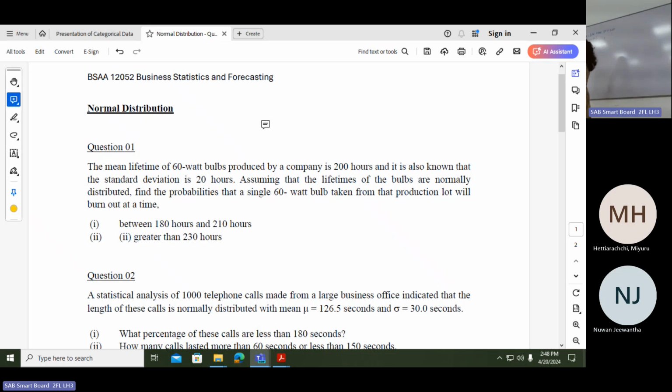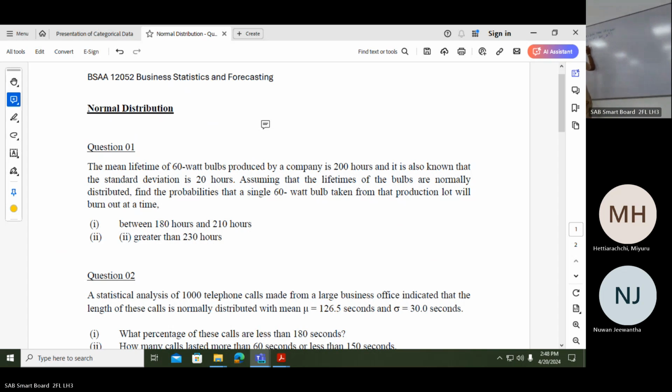In brackets, we have to mention the two parameter values. Mean value is 200, variance is 20 squared. Then we go on to answer the question.